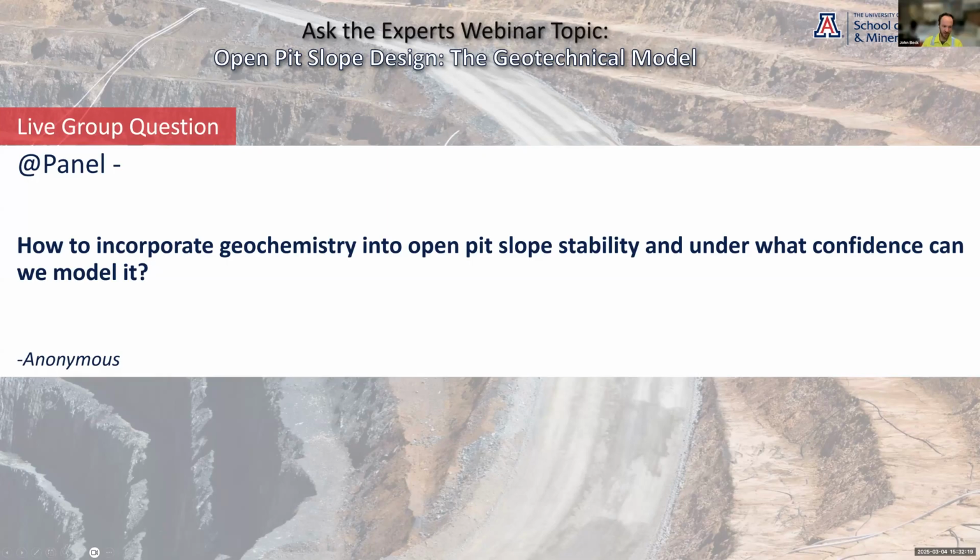I guess I'll jump in with some experience from a mine I was working at previously, where we noticed this mine had a wide variety of fault infill types, and we ran XRFs to better understand the geochemistry, or the chemical makeup, of these fault types.